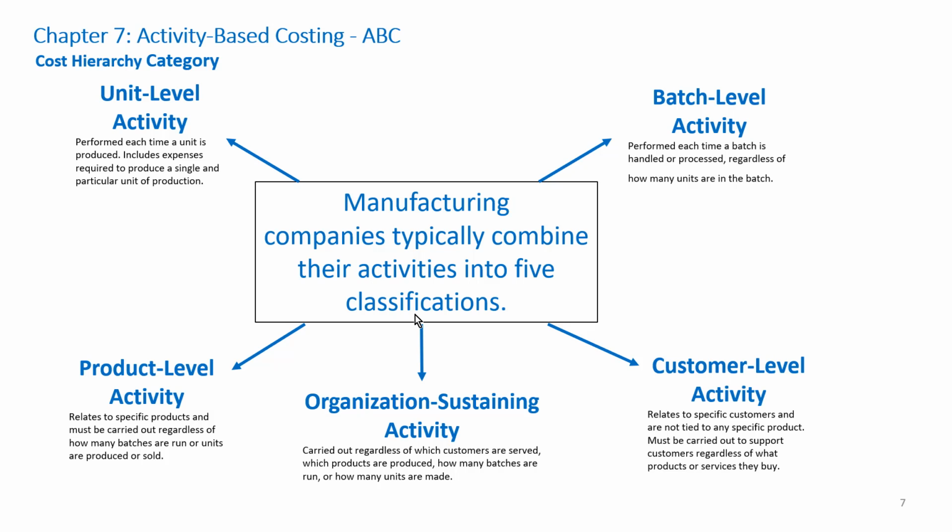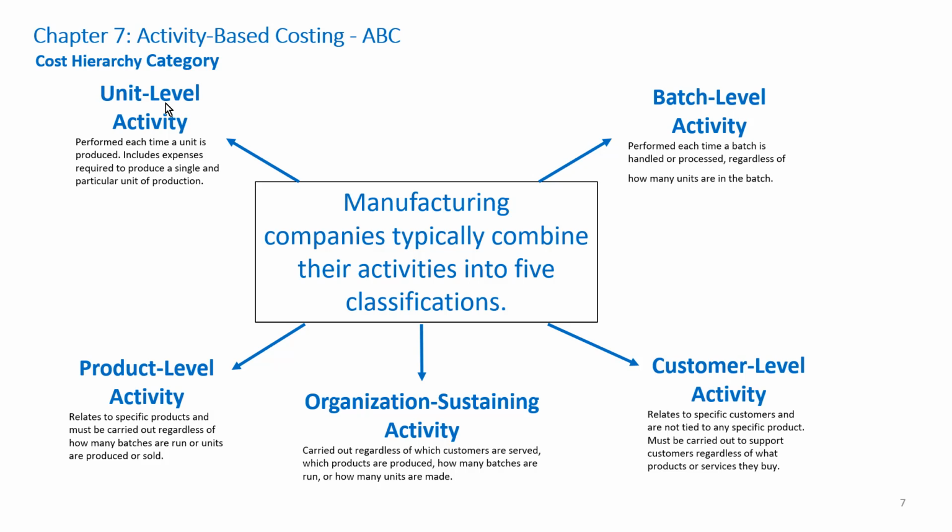The 5 levels serve as a framework for managers to establish cost pools and determine what drives the change in costs for each cost pool. It also provides a sense of how quickly or slowly costs change based on decisions made by management.